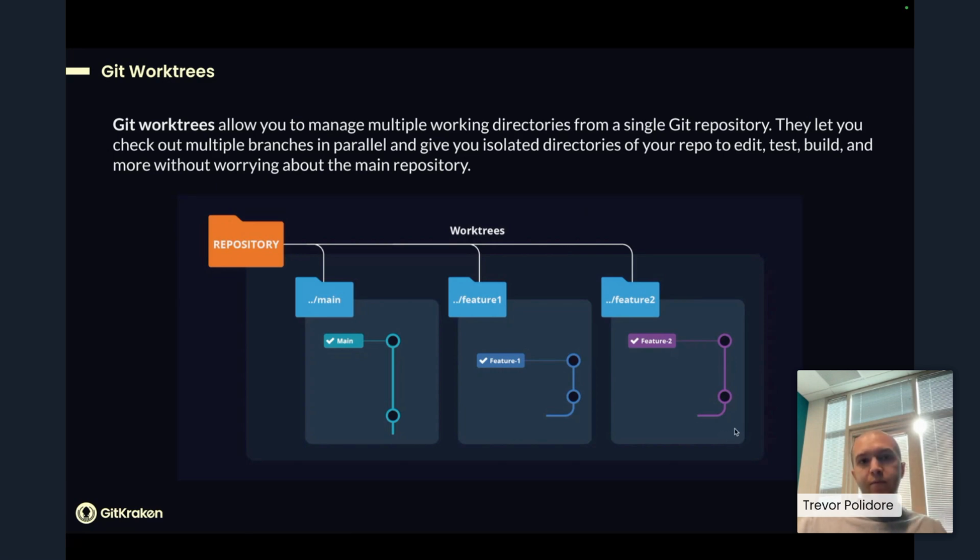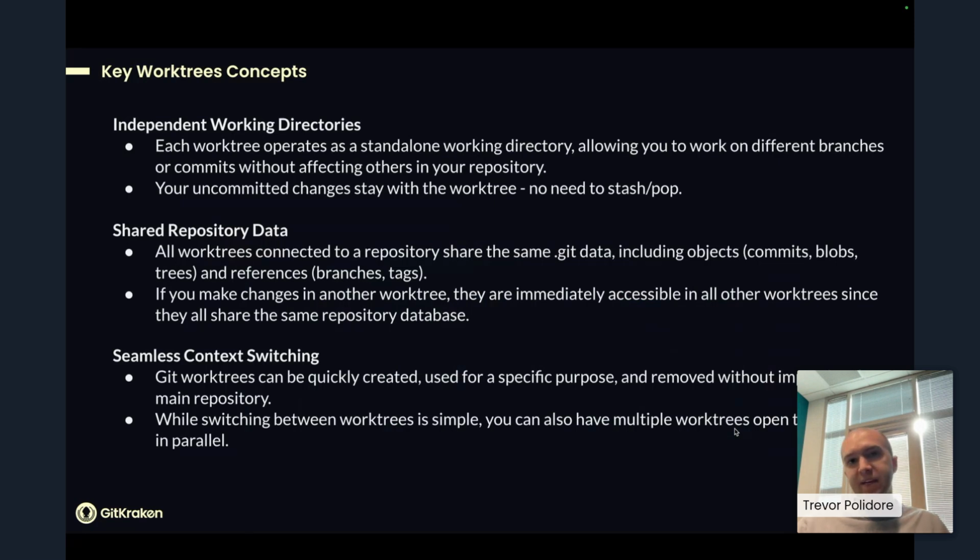So the main concepts that I think are important to know about Worktrees are, first, these are truly independent working directories. They operate as a standalone directory where you're actually duplicating all of the working directory files that would normally be in your main repository directory, but you're actually duplicating everything that's needed except all of the shared Git data.